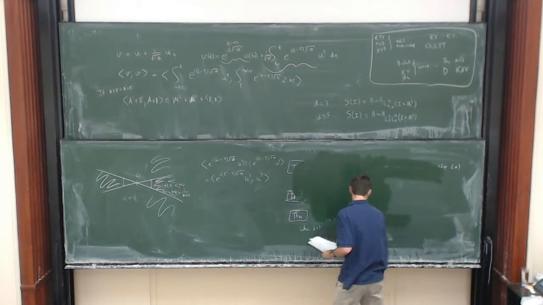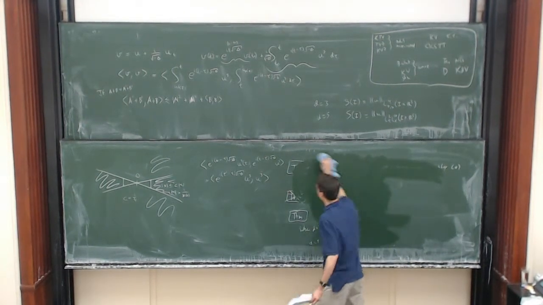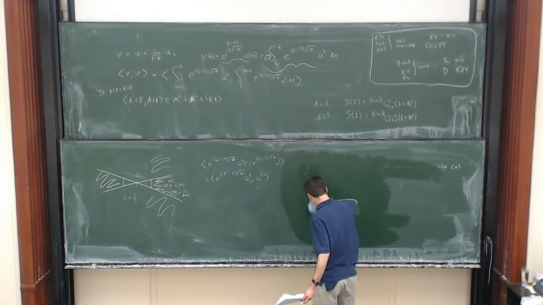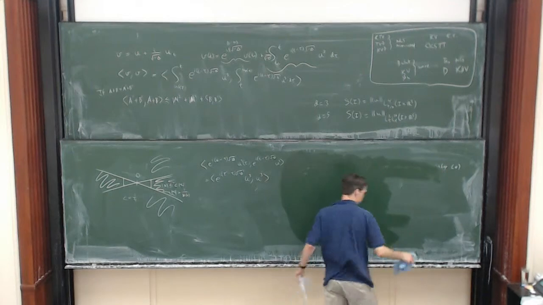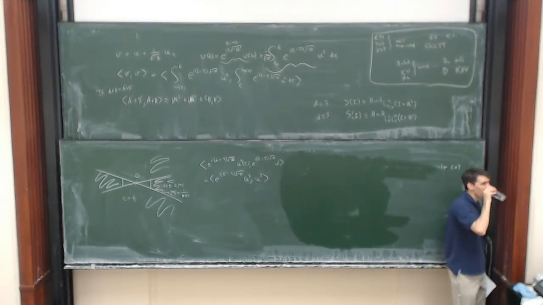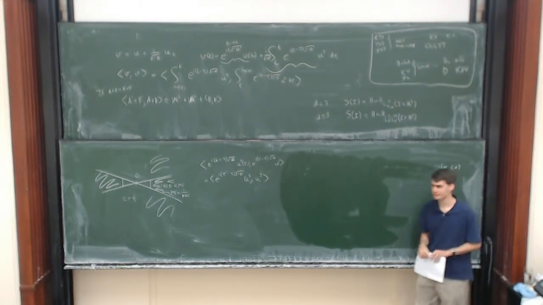So then you're left with the rest. And for the rest you can use the radial Sobolev embedding.